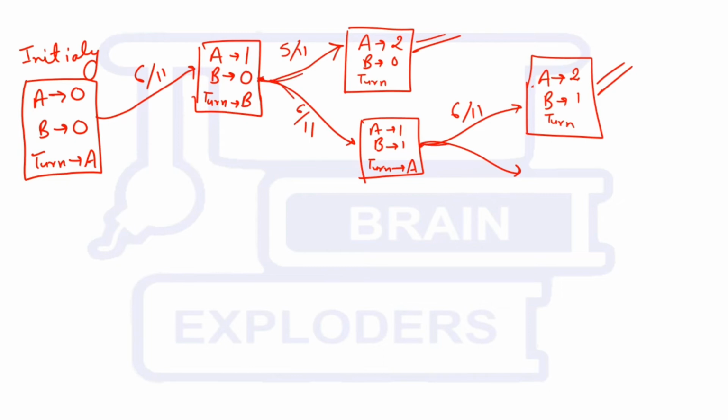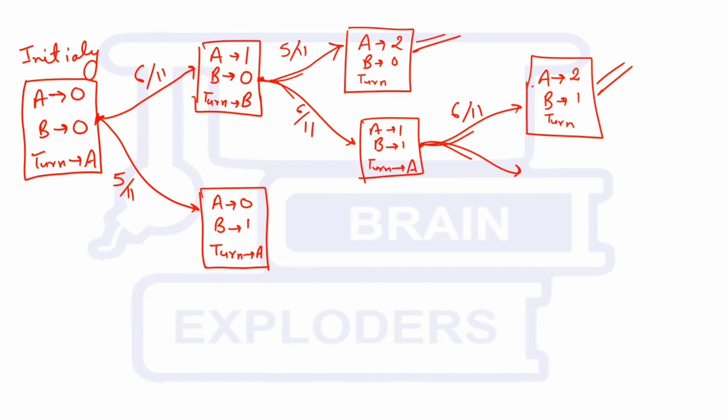From this state also there were two possibilities, and we have considered both of them. From the initial state there was one more possibility, that with a probability of 5 by 11 B will score a point, and then there will be the turn of A to throw the die.